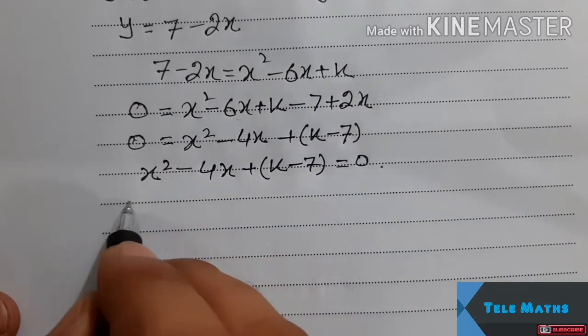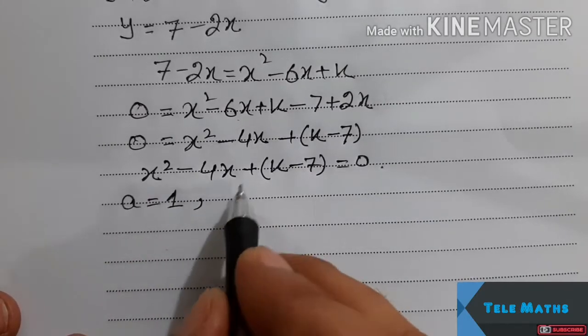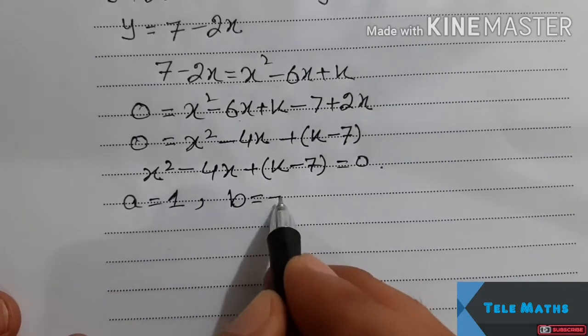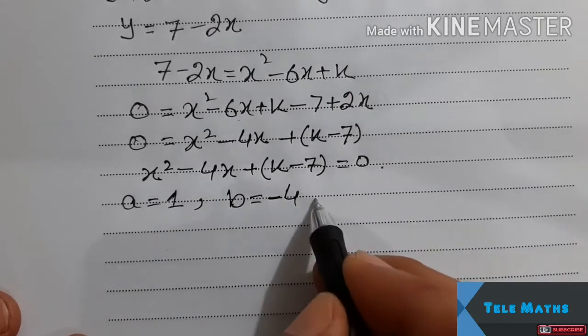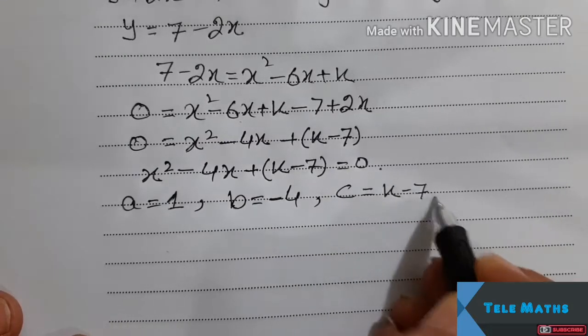Okay, from here I got a is 1, the coefficient of x square, b is minus 4, the coefficient of x, and constant c is k minus 7.